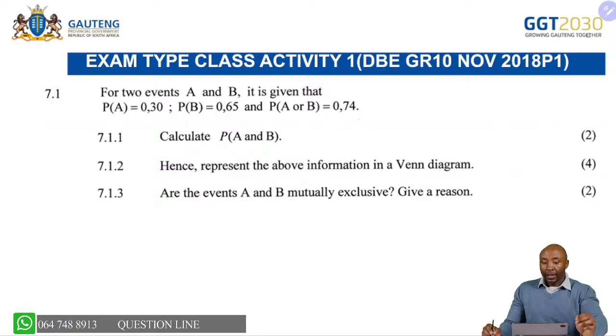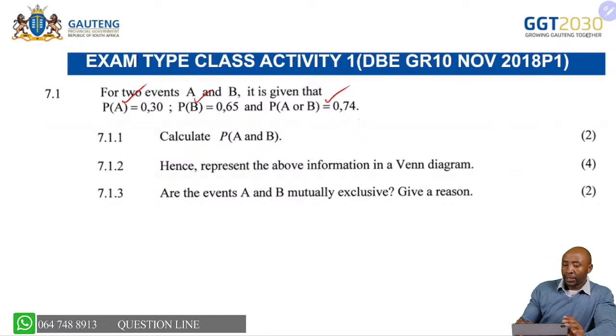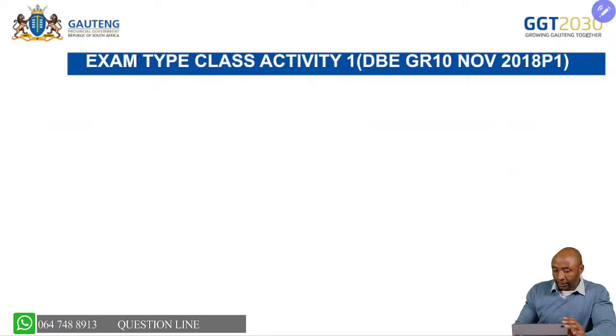Now, calculate the value of A and B. So we must find a way of getting this. We are given the probability of A, the probability of B, and the probability of A or B.